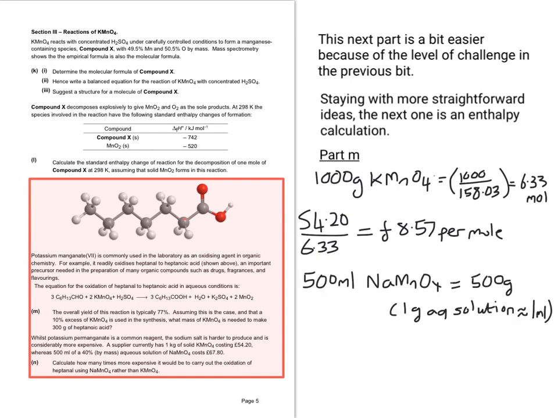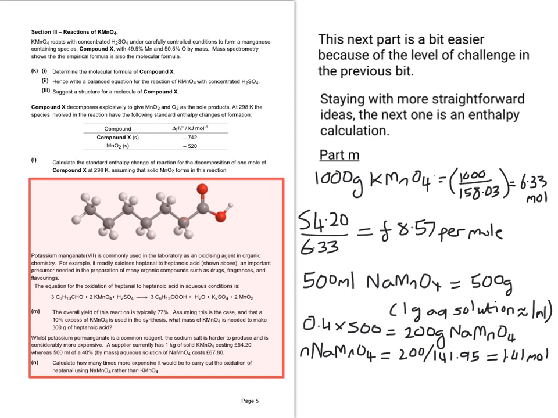So working with the NaMnO4, you can assume that that's actually about 500 grams, because 1 gram of aqueous solution is roughly equivalent to 1 milliliter. So considering it was 40% by mass, that's 200 grams of NaMnO4 present.